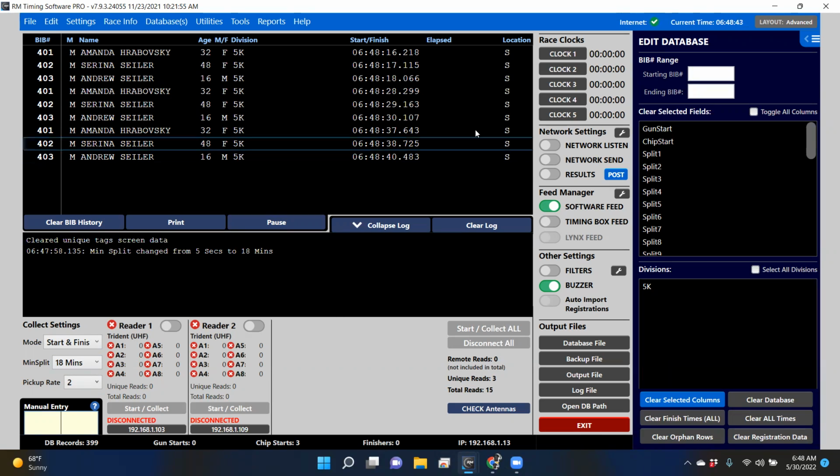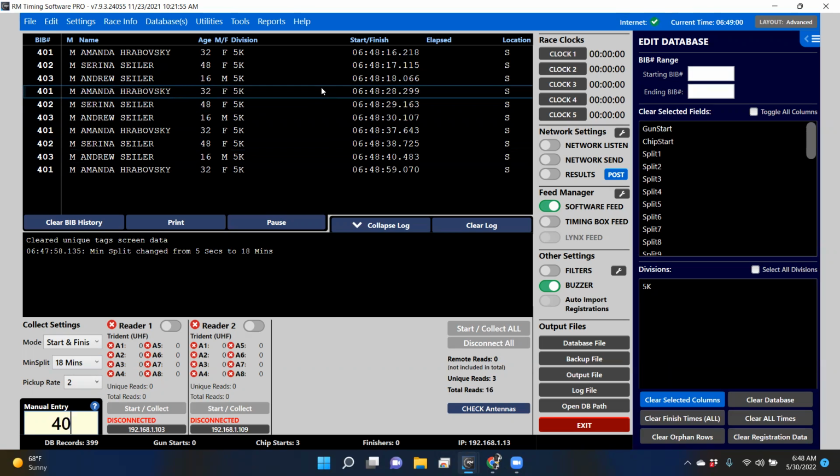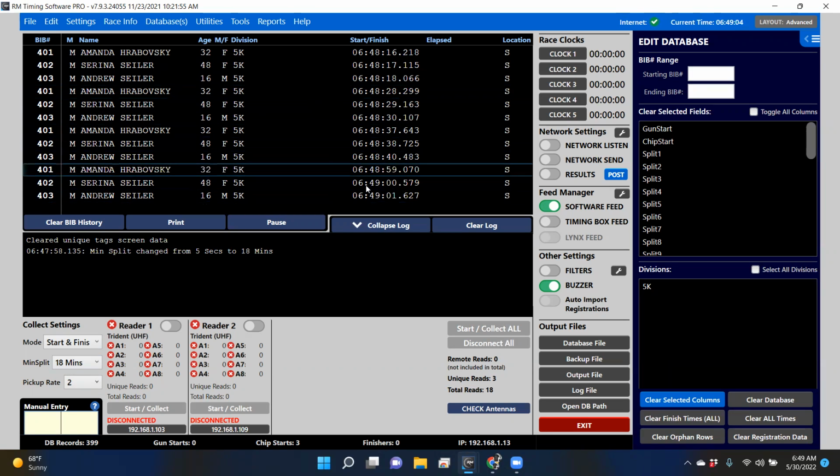But you can see these are all getting clocked as start times. It's just resetting their start time. So you started at 6:48:16, and then started again at 6:48:28, and then started again at 6:48:37. All right, now they're for real. They're serious. They're going to go, and they're actually starting the race. It just resets their start time every time, as long as 18 minutes has not gone by.